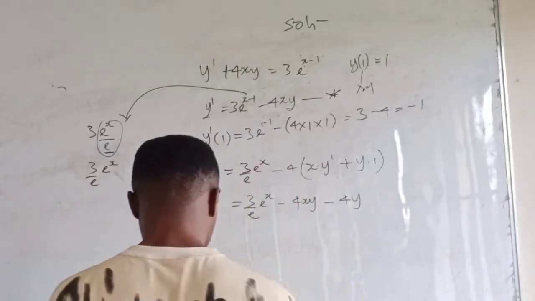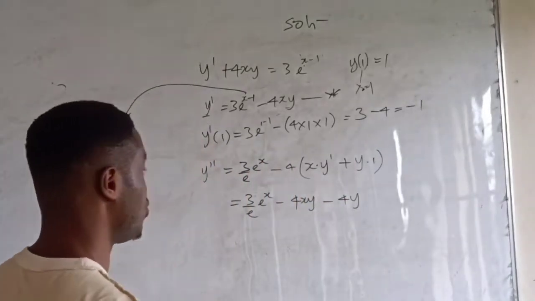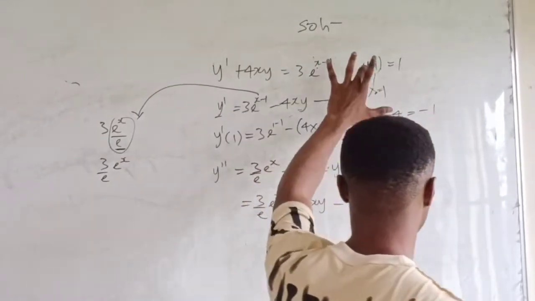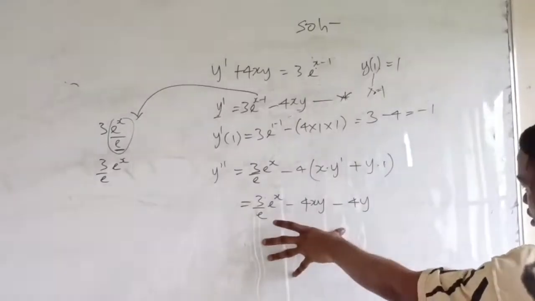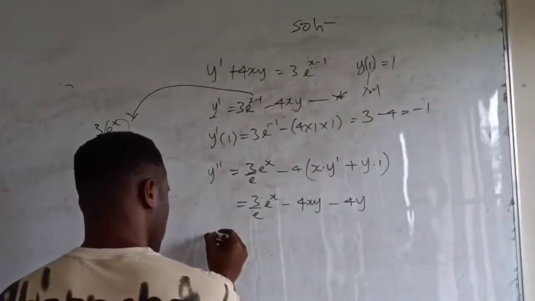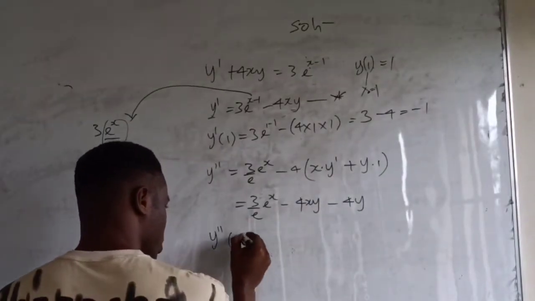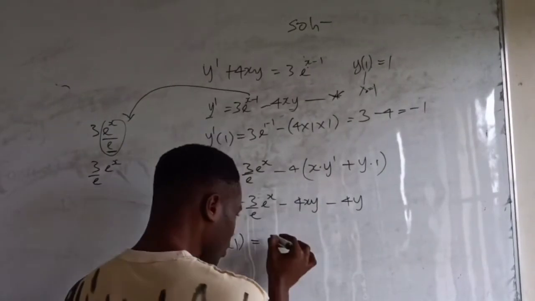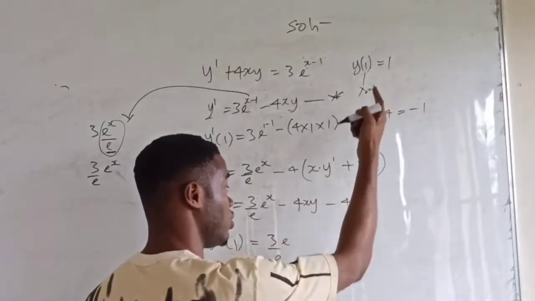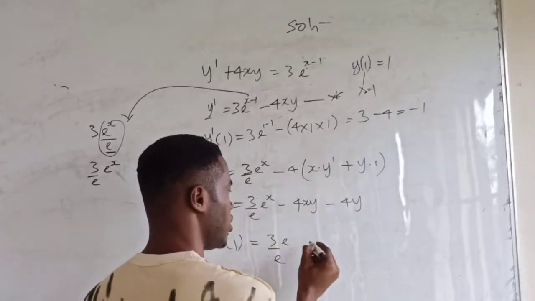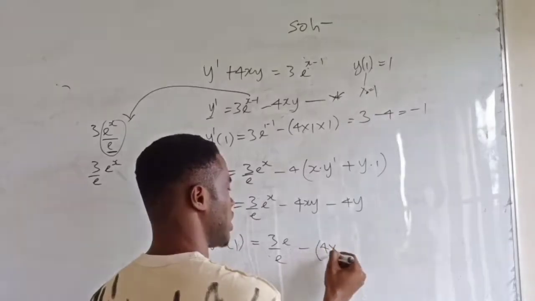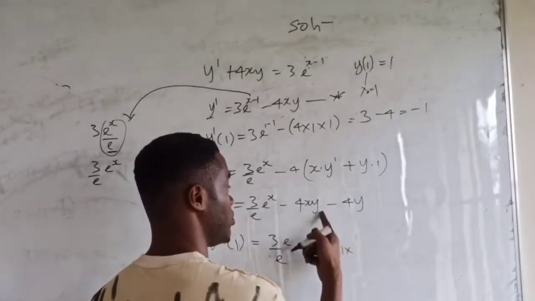The next step is to apply our initial value to this equation. Substituting gives us y prime prime of 1 equals 3 over e, exponential of x which is actually going to be 1, so 3 over e, minus 4 times 1 times the value of our y.